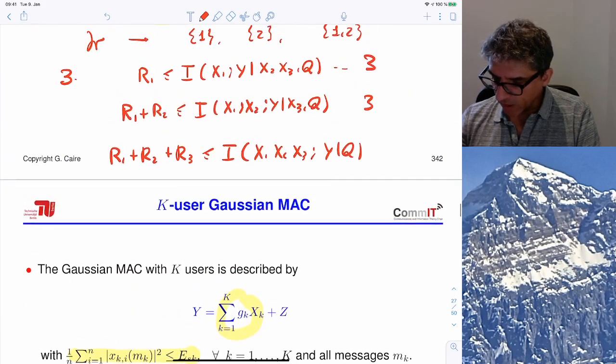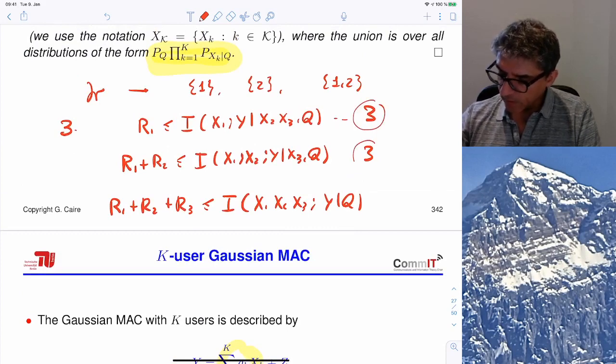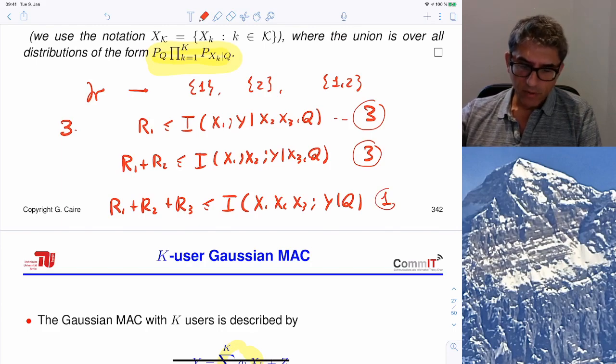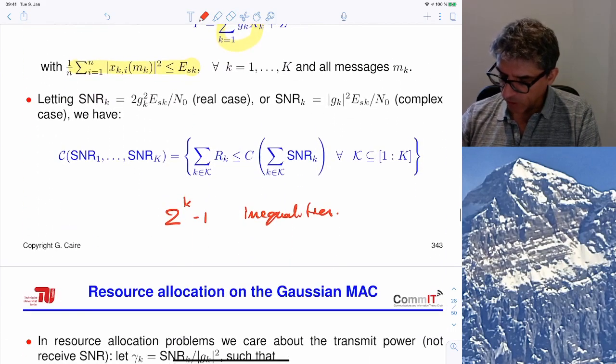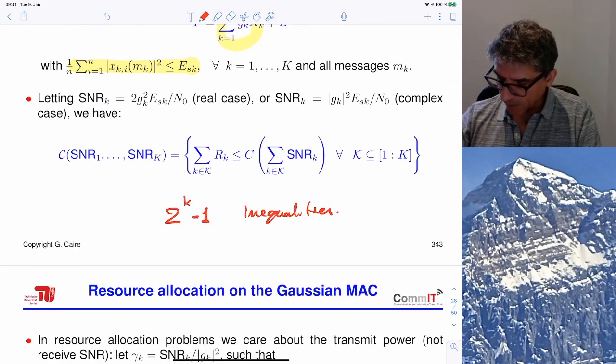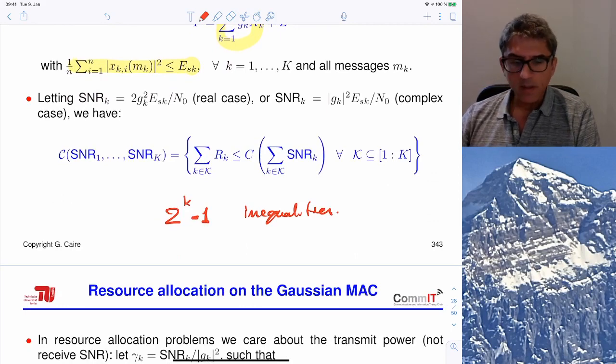For example, for the case of 3, we have 3 individual rate inequalities, 3 sum of 2 rate inequalities, plus 1 sum rate, so it makes 7, and 2 to the third is 8, minus 1, 7. Those are all possible non-empty subsets of a set of k elements. For every subset, you get an inequality involving the rates in the subset.